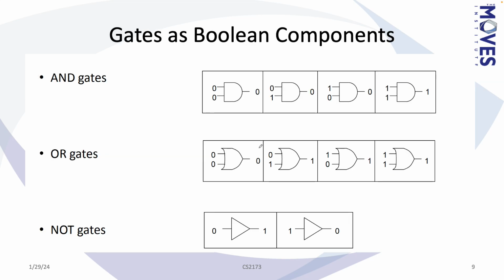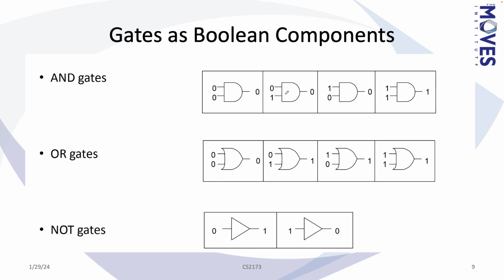You're probably more familiar with these than I am, but one type of wire diagram uses these different components. We have AND gates that take two binary inputs and output a binary output depending on the inputs. If you give it two zeros, it gives you a 0.